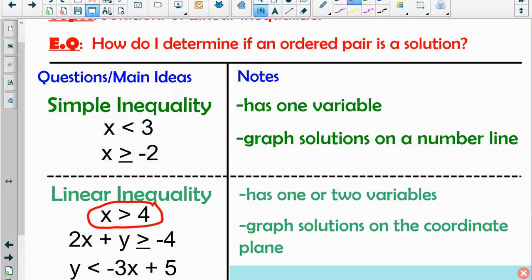Otherwise, we have linear inequalities with two variables, x and y. Sometimes they can be written in slope-intercept form, like we see at the bottom in that last example. Sometimes they can be written in standard form, like we see here in the middle example. So today we're going to start moving forward with linear inequalities for the rest of the unit.